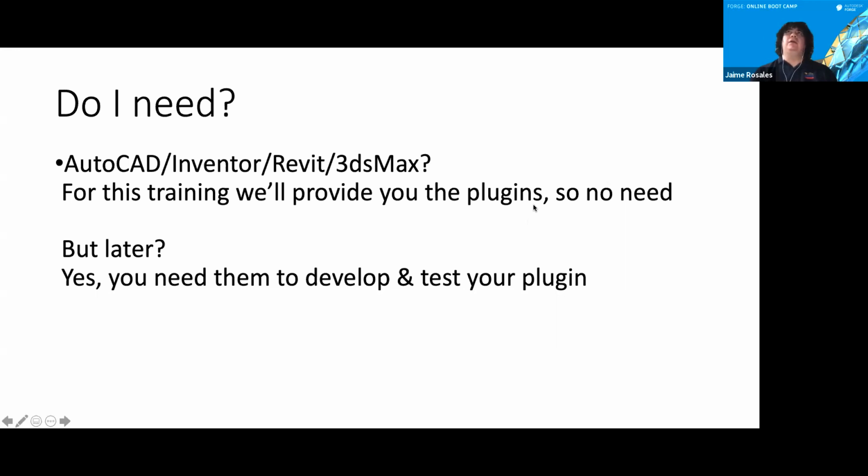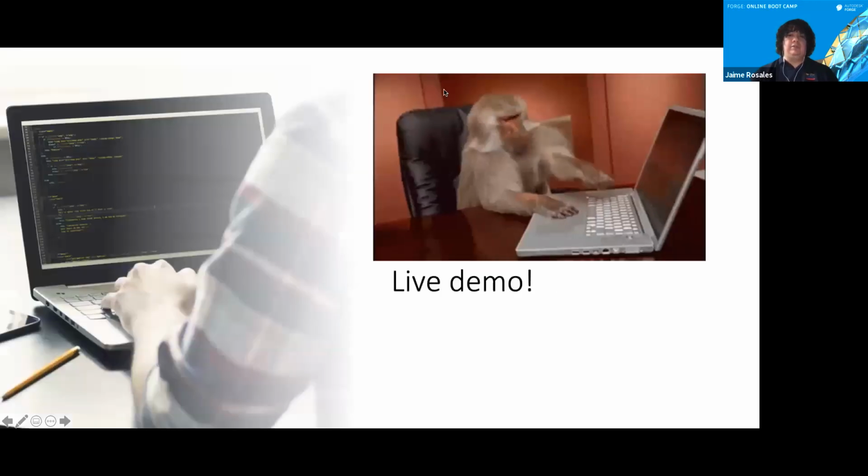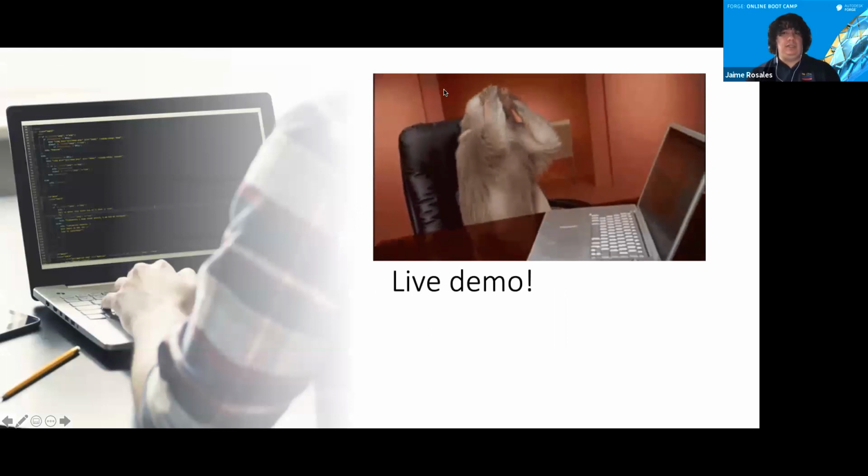I think this is something that is being worked on. It should be coming soon, I believe, or it might be already available. I will have to double check on that one. Okay, so let me keep going with this. All right, so let's move into a live demo.